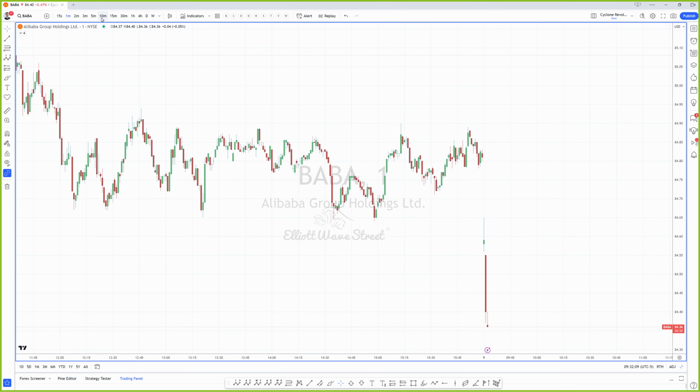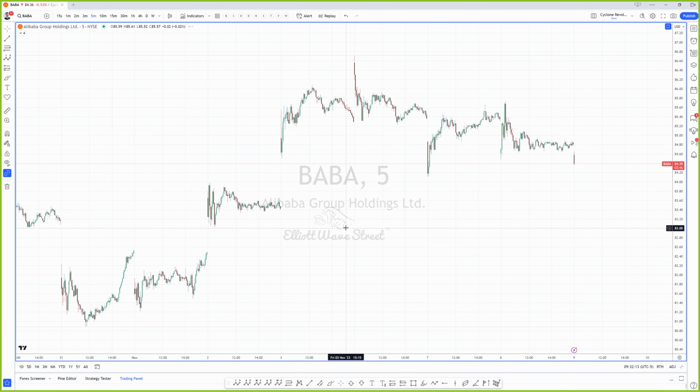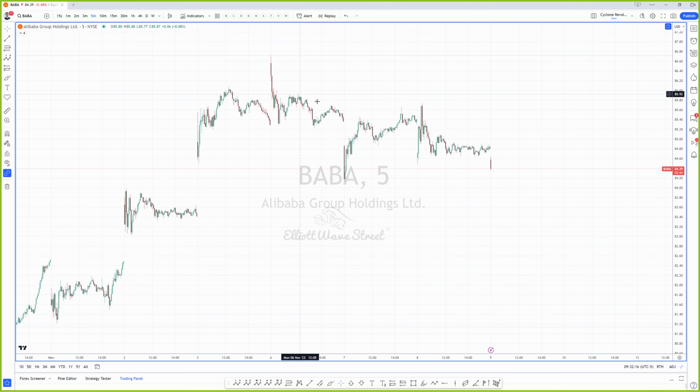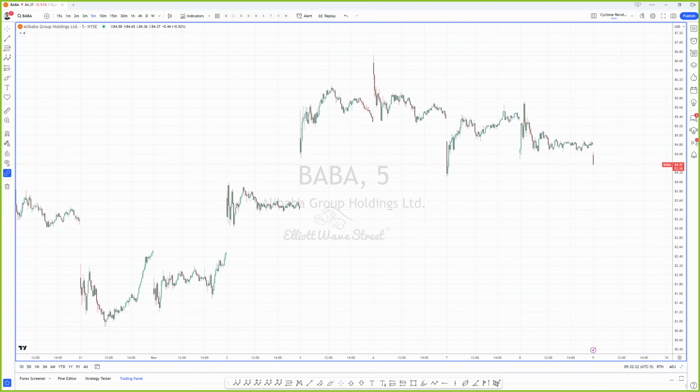And if we zoom out a little the chart, like on a 5-minute chart, we can see that this seems to be building a corrective wave. Right? If we come here with the market structure on a 5-minute chart, this will be the wave 1, this will be the wave 2, this is the wave 3, this is the wave 4, and this is the wave 5.